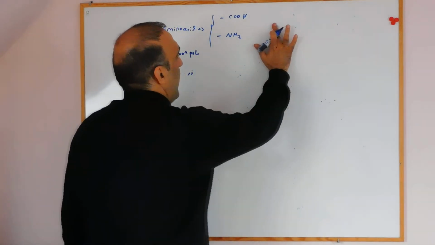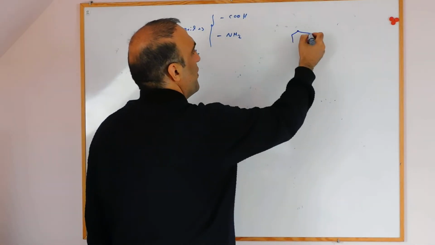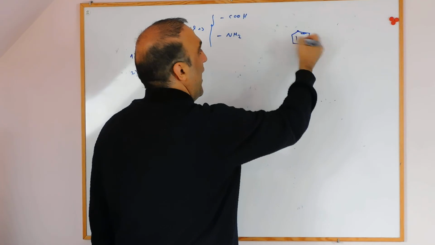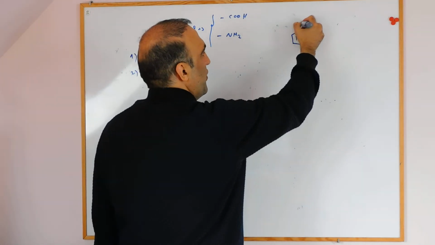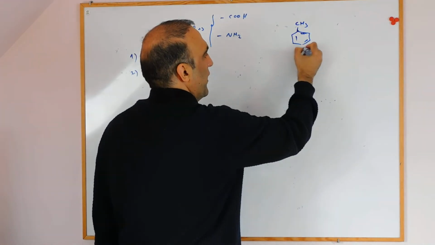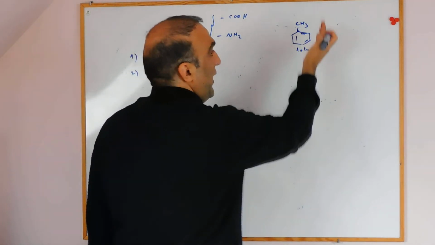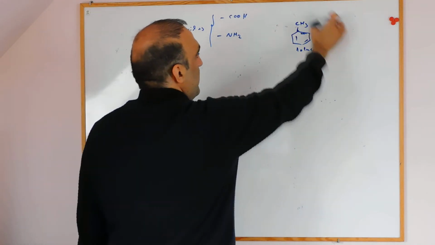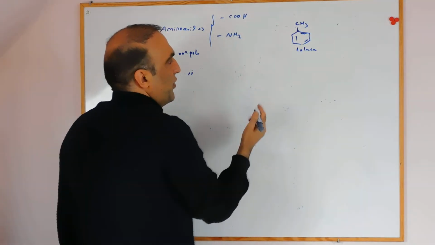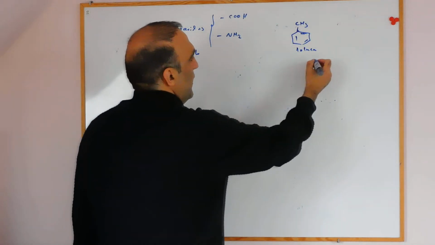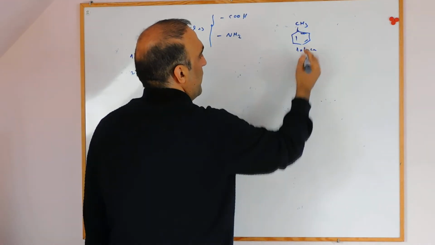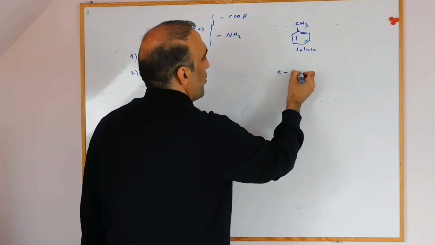As you know in chemistry, this structure is called benzene, and if we have CH3, it is toluene. If I bind this group instead of this hydrogen as the alpha group, this structure changes to this structure.